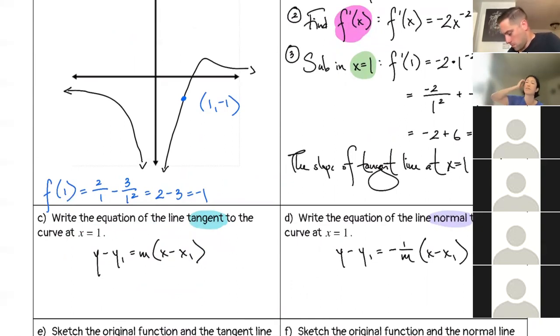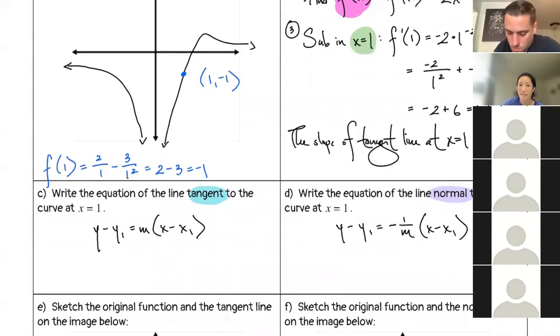You can either send it out to the whole group or you can send it directly to me, but go ahead and write out what your equation might be for the tangent line. All right, I see some great answers here.